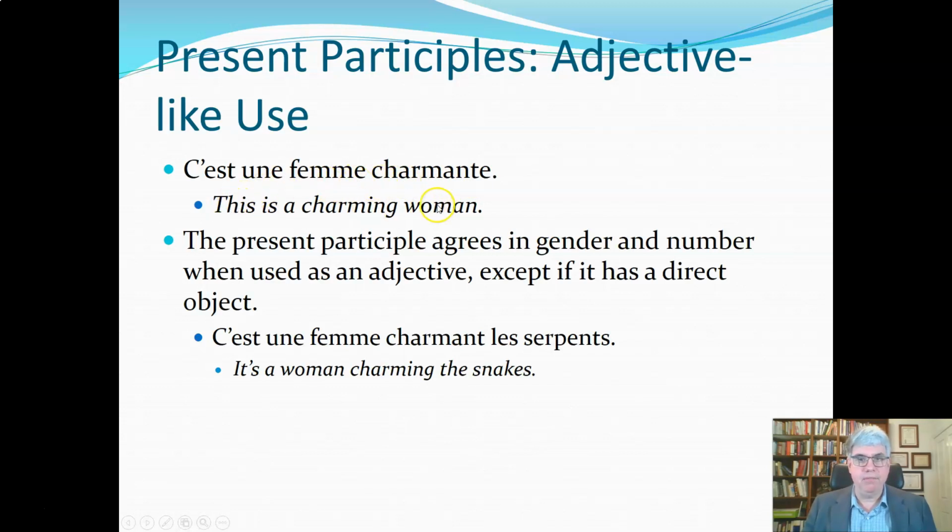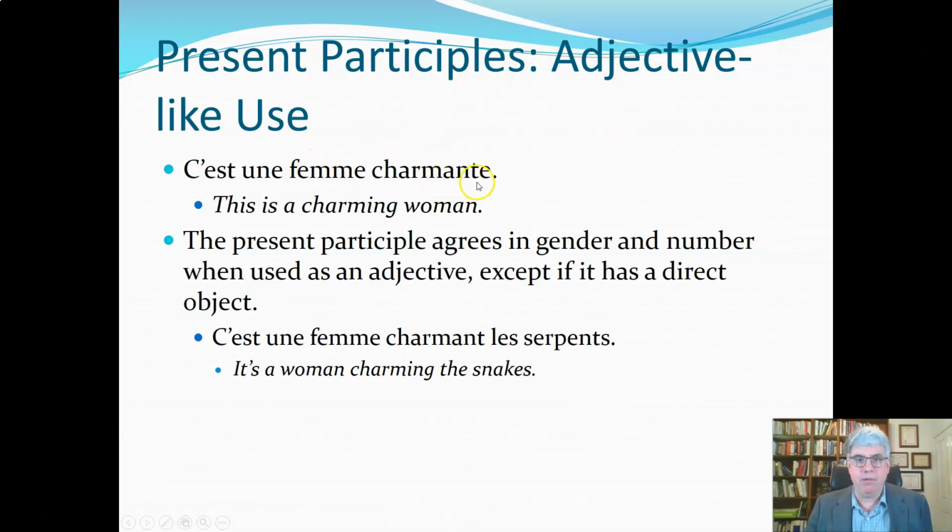This is a charming woman. And so charmant is a word used all the time as a very general word to indicate a positive evaluation. So c'est une femme charmante.